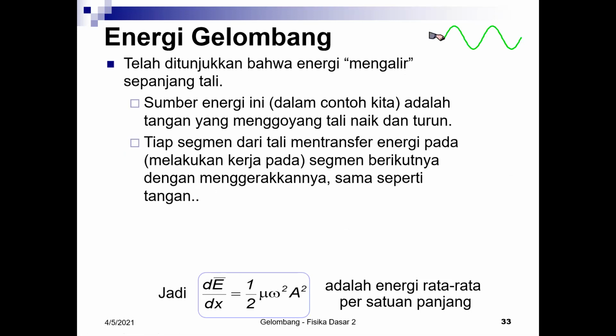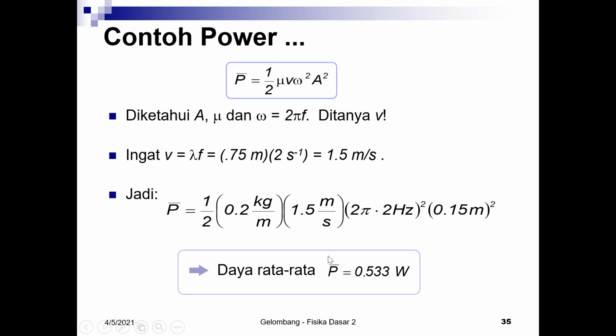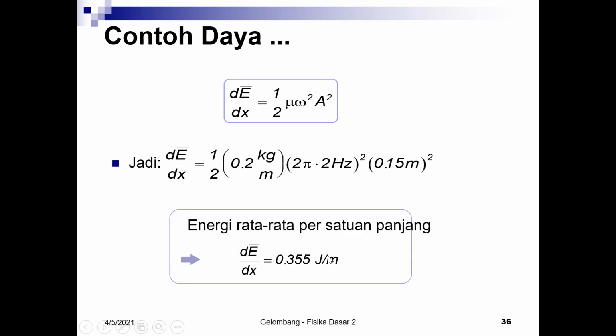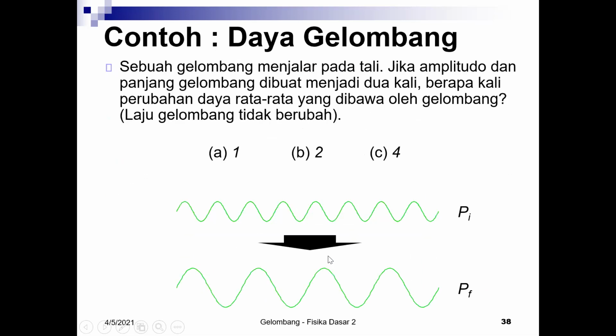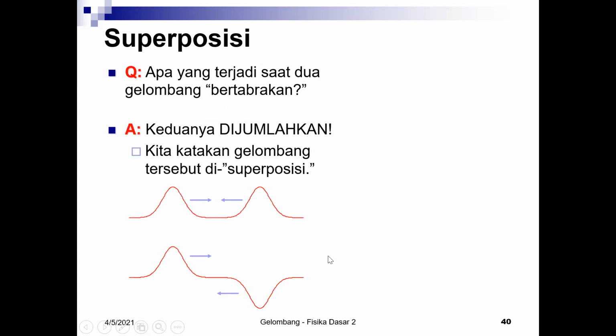So the average energy per length is equal to this one. Okay, we have discussed this. Now this is the superposition. What happens if we have two or more waves?